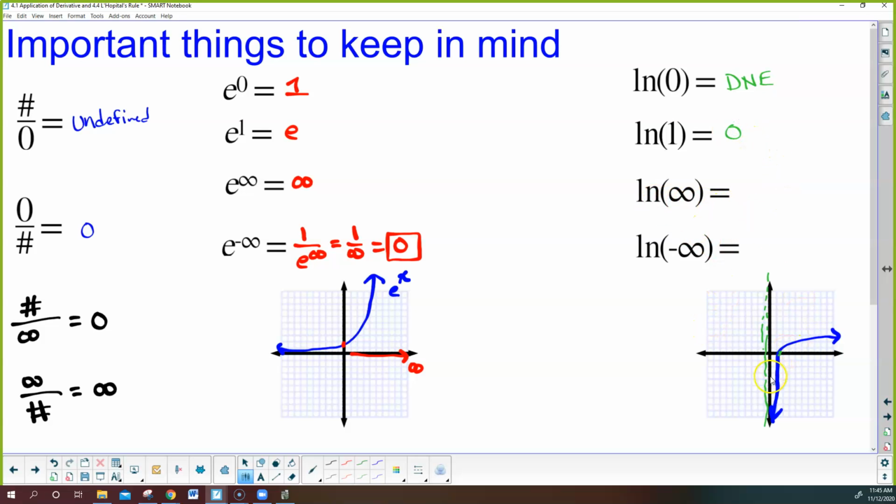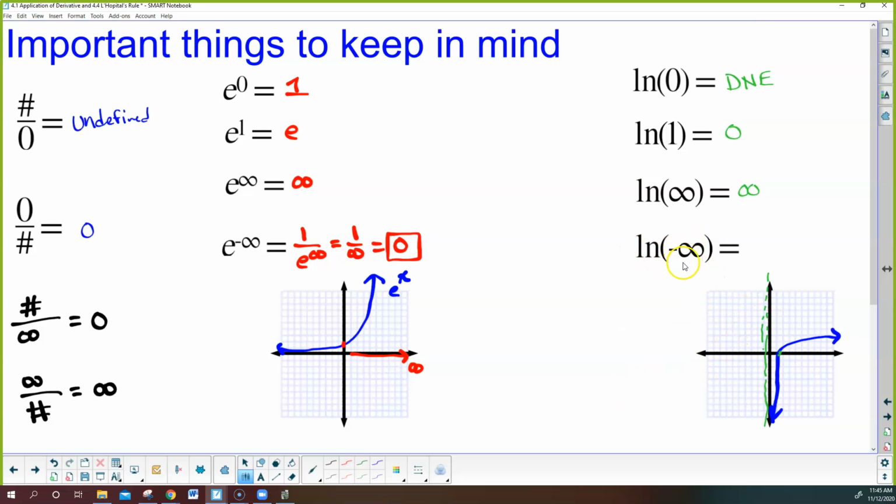The natural log of infinity, what happens as I go to the far, far right, this graph is slowly increasing, but it will eventually keep going up and up and up and up and up. So that'll go to positive infinity. This one won't happen often, but what if I go to the far, far left? There are no outputs.